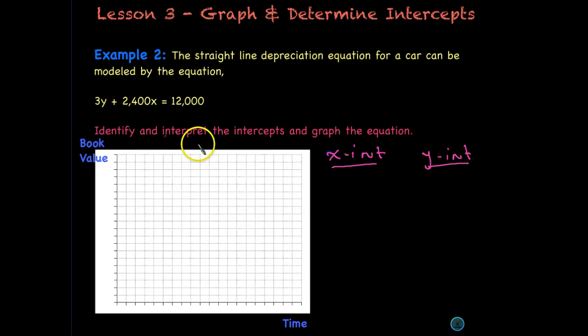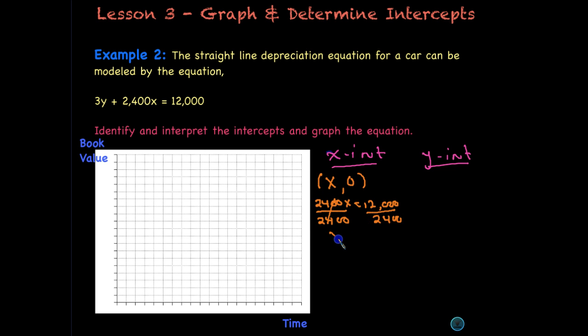To find the x-intercept, remember, it looks something like this. We have an x value, and then we plug in a 0 for y. If we plug in a 0 here, we get 3 times 0, which is 0, and we're left with the equation 2,400x equals 12,000. To solve that, we would divide both sides by 2,400.